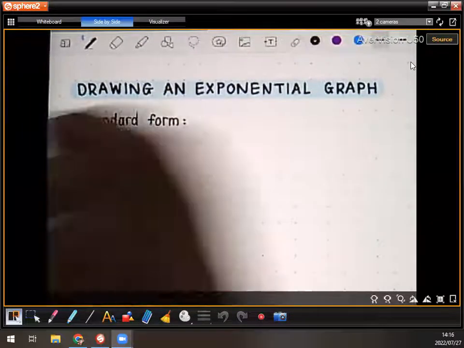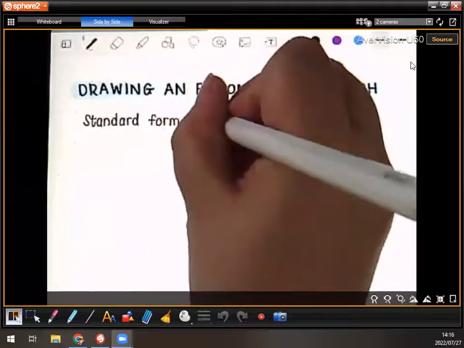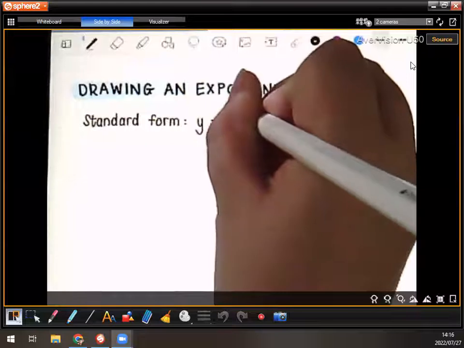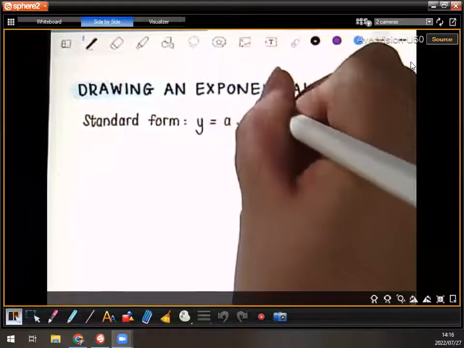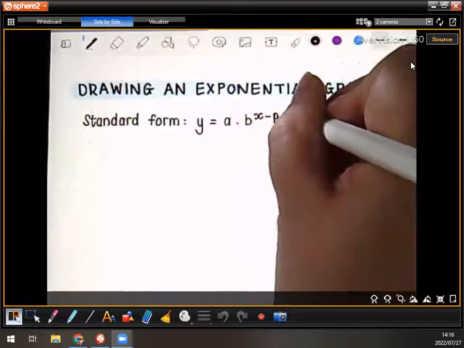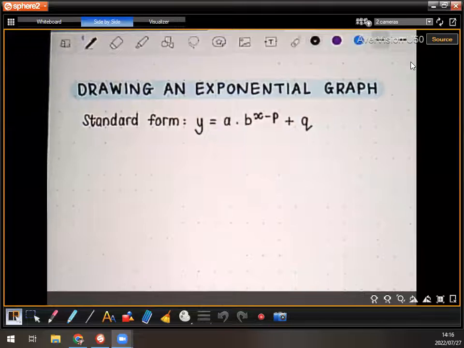Okay, the standard form, guys, is y equals a times b to the power of x minus p, and then plus q.